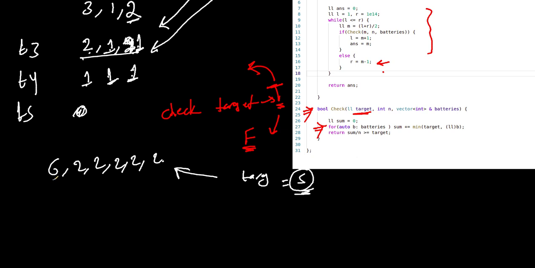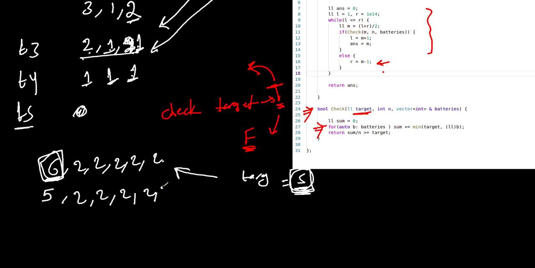This battery 6 is impossible to run more than 5 minutes, because we need the whole thing to run for 5 minutes. So we clip this value to 5.